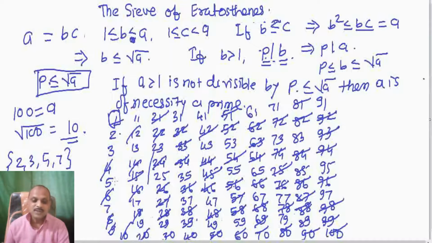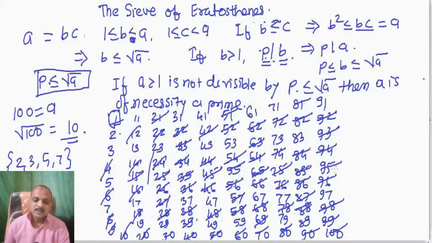Then next, cancel out all the multiples of 5: 5, 10, 15, 20, 25, 30, 35, 40, 45, 50, 55, 60, 65, 70, 75, 80, 85, 90, 95 and 100.